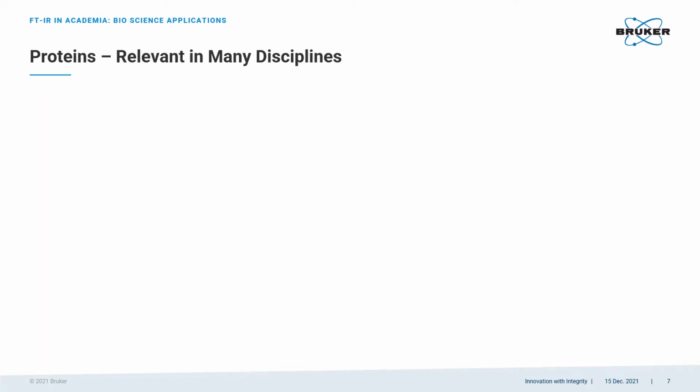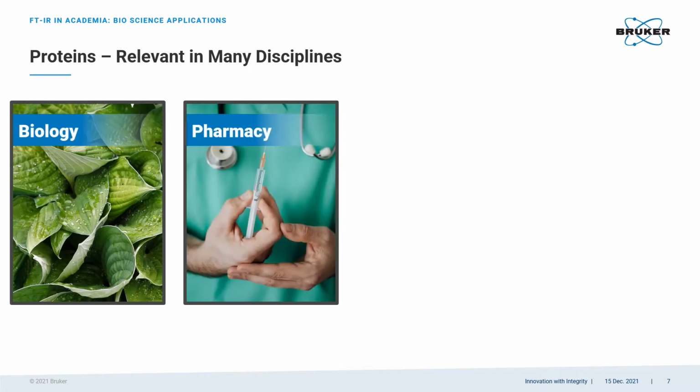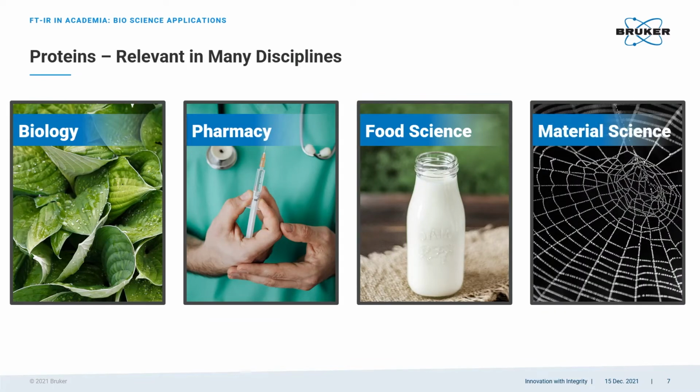As we have seen that proteins have so many different functions, it is not too hard to imagine that they are relevant for many academic disciplines. That is, of course, biology, but also pharmacy, food science and material sciences. Proteins have a high relevance and are studied by researchers.